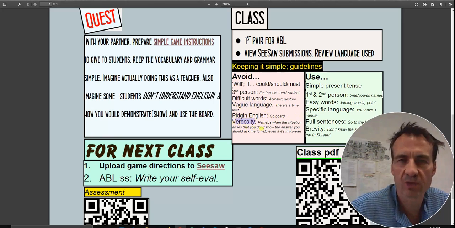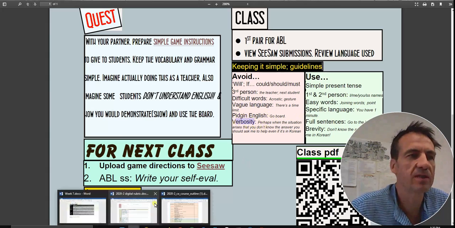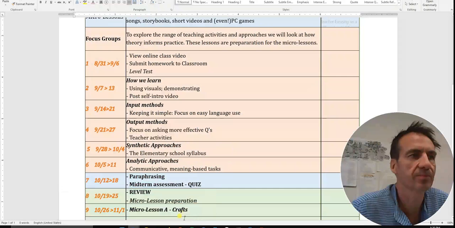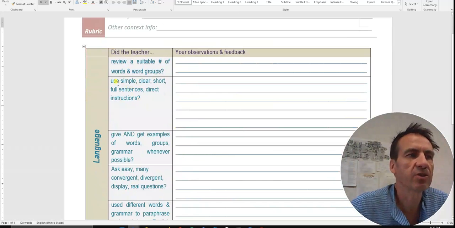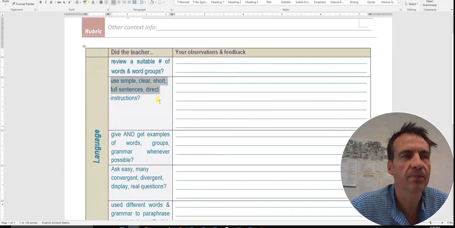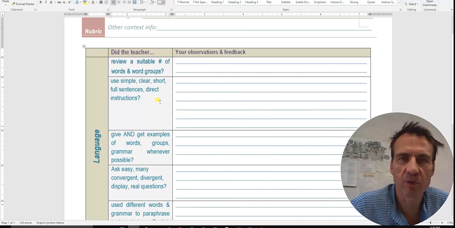Don't say too much. Reduce teacher talk time. This one, the language: use simple, clear, short, full sentences and direct instructions. So that we've reviewed through some of the Seesaw examples that I gave you.